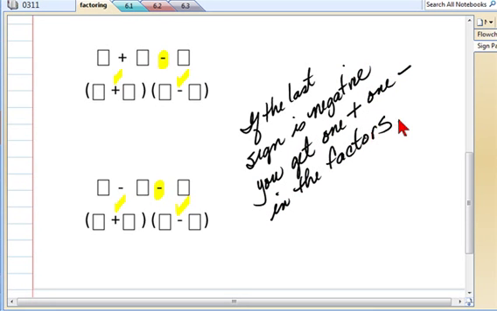Always. Okay, so if this last sign is negative, I guarantee you you're going to have 1 factor with a plus, 1 factor with a minus, and it is irrelevant what the middle sign is in making that determination. All right.